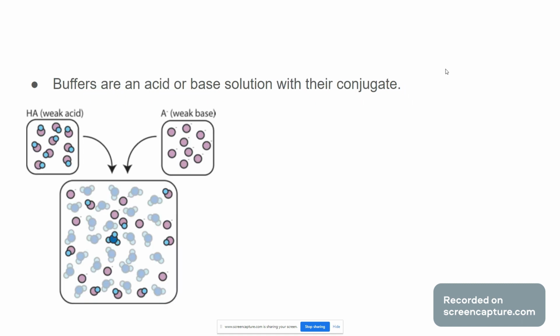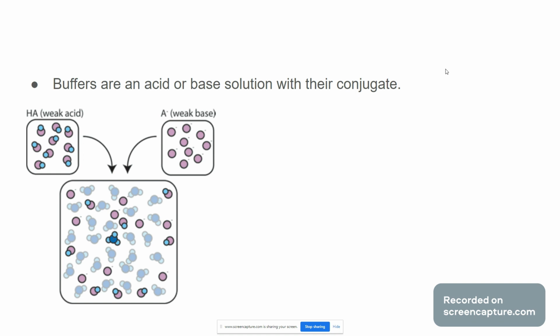Last thing is buffers, and they're basically just a weak conjugate acid-base pair that have similar concentrations to each other. When you add a little bit of acid, the base will react with it, and if you add a base, the acid will react with it, and basically it neutralizes it, and the pH doesn't change very much.